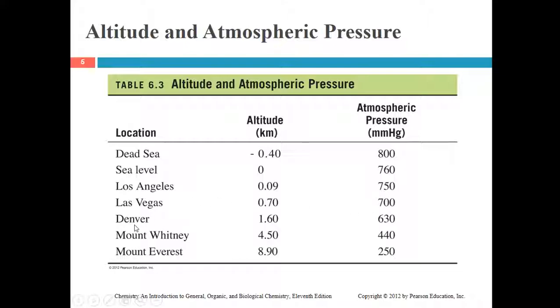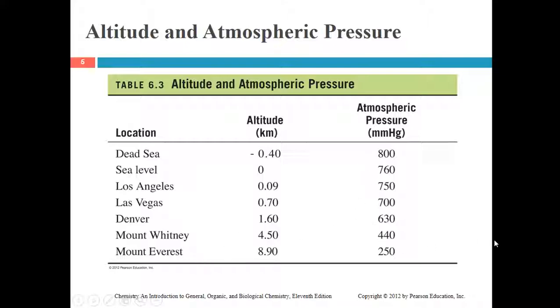So Denver, maybe you haven't gone to Denver. Well, Prescott, Arizona is about the same altitude. So the atmospheric pressure in Prescott is going to be 630 on a normal day rather than 760. And if you go up higher in these mountains, you'll notice the atmospheric pressure decreases.